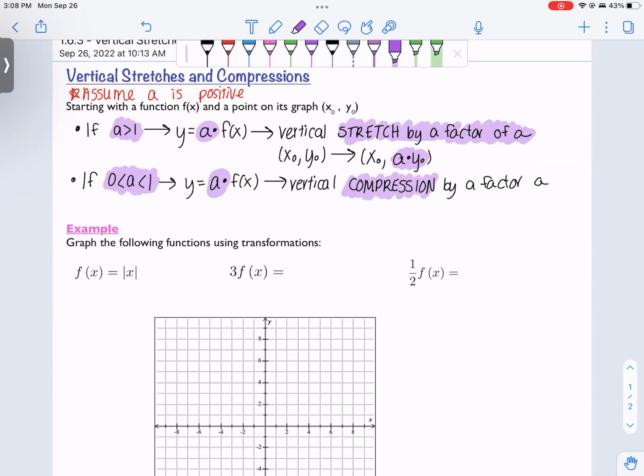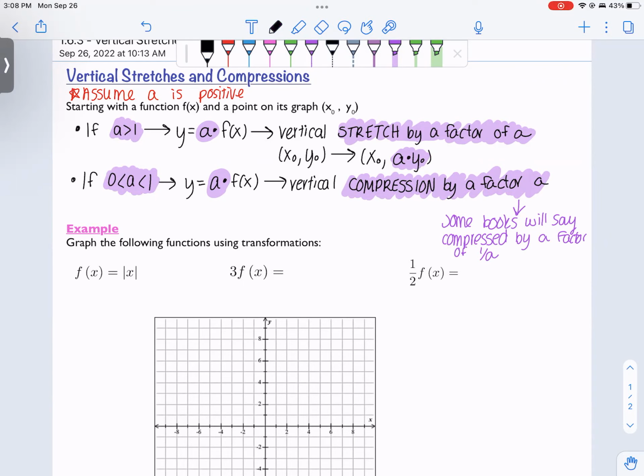Some books, instead of saying that it's been compressed by a factor of a, will say it's been compressed by a factor of 1 over a. I don't know. I don't like it. I think it's confusing. So that's not the wording I use.